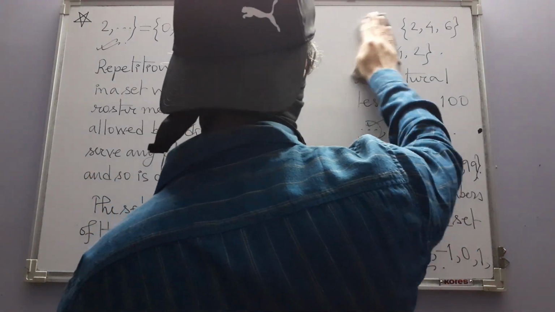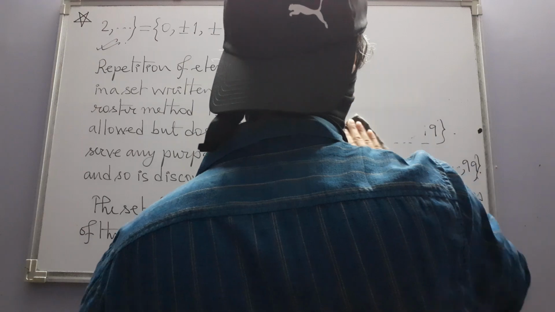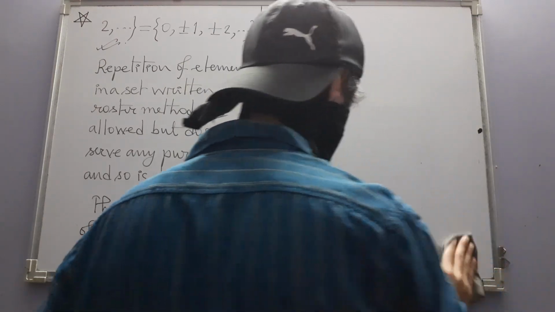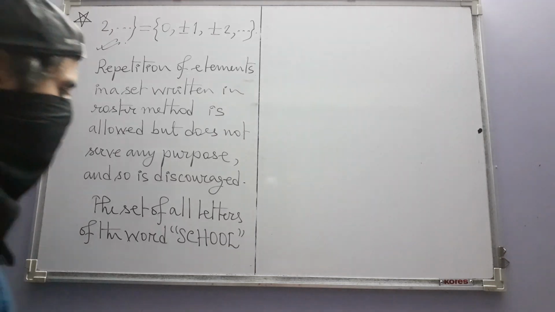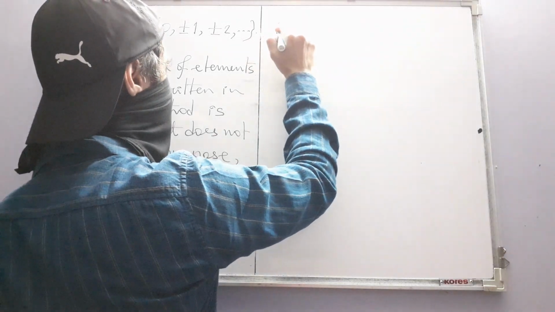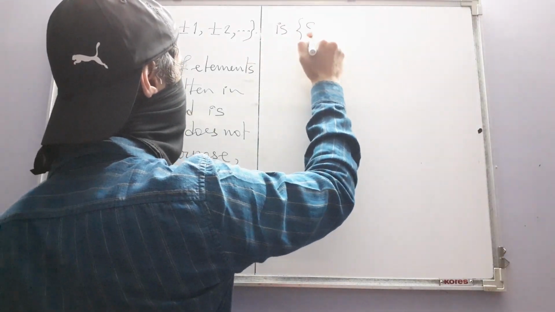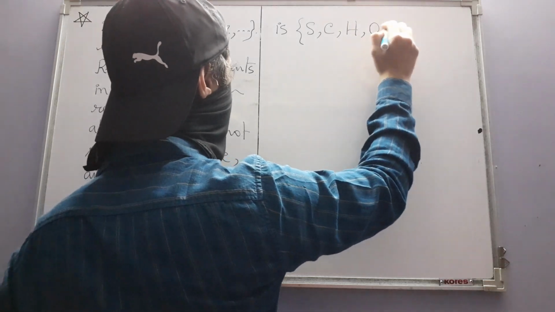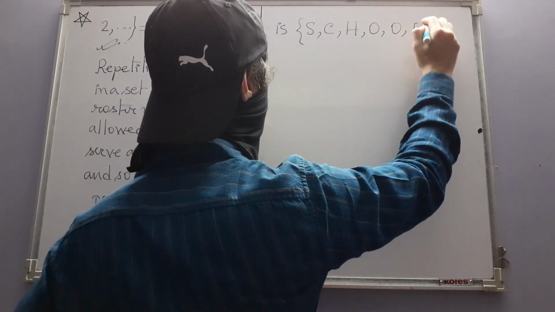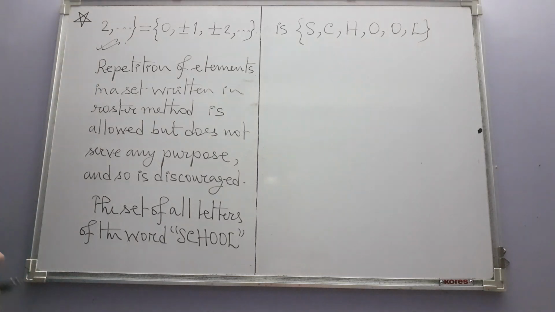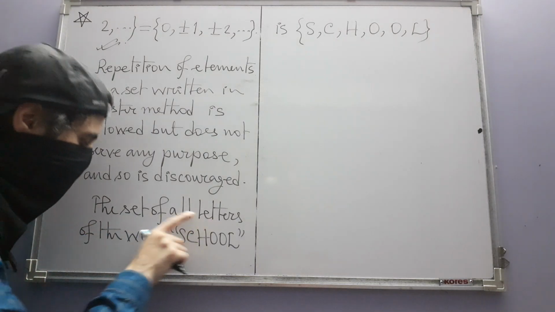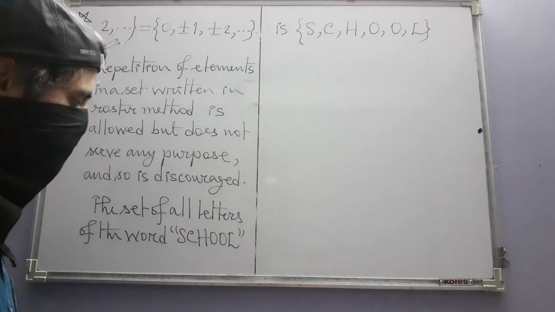In roster form, of course, it will look like this: S, C, H, O, O, L. However, note carefully that it is the set of all letters of the word school.